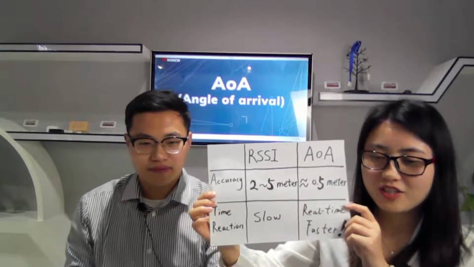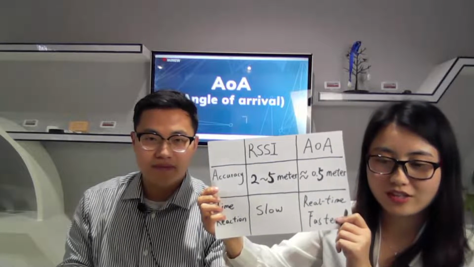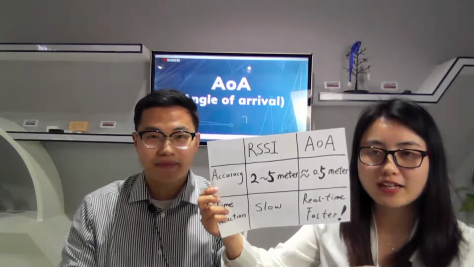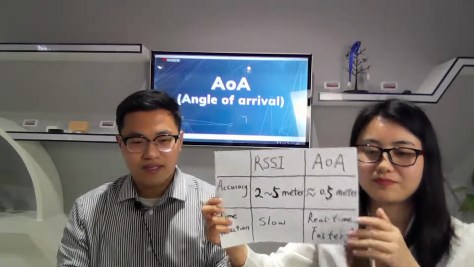And one more thing you need to know is AoA is a real-time location technology. The moving reaction time is much faster than RSSI technology. That means you can get real-time data with AoA faster than with RSSI.